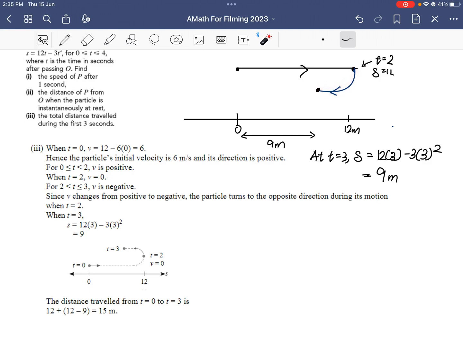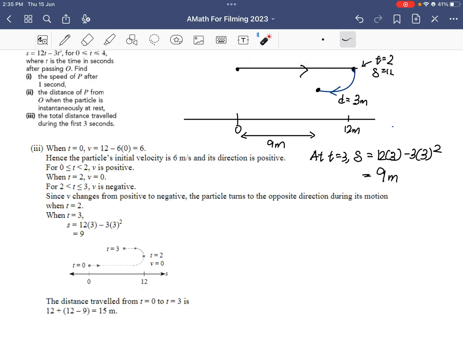Then the next part is this blue color part. How far is this blue color part? Here to here is 9. Here to here is 12. So 12 minus 9, this portion here is 3 meters. So the distance traveled right here is 3 meters.